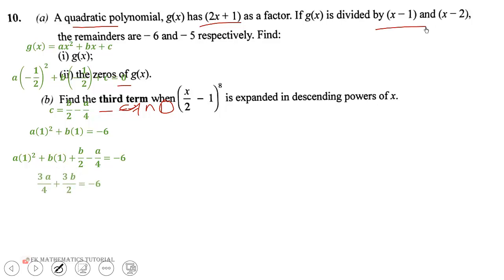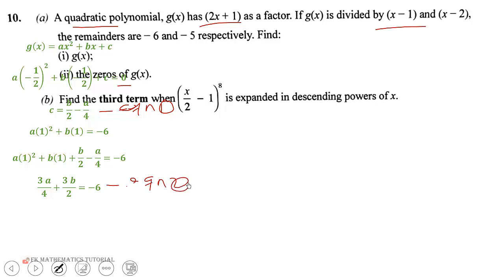When we simplify it, we get 3a over 4 plus 3b over 2 is equal to negative 6. We can further simplify that one, but let's maintain it like this for the meantime and call it equation 2.